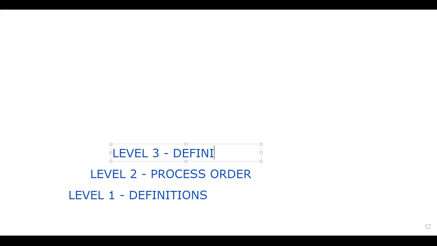Then we have level three. Level three is a combination of both. Primarily definitions plus process order. And then we have level four.